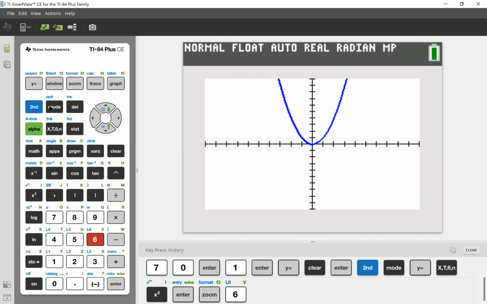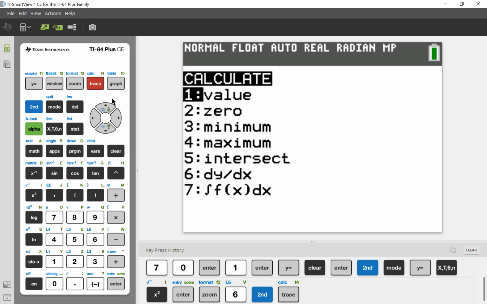And then how do we actually find the area underneath the curve? So we click on second and trace to bring up the calculate menu right here. Then you will see that number 7 is the integration. Even though we haven't learned this yet, this is something that we are going to learn in the future. It's the integral of f of x dx.